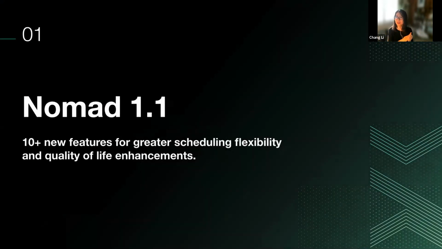Nomad 1.1 beta was released on May 3rd, and we're going to GA very soon. Nomad went through sprinting speed the whole last year. We shipped a lot of big features like CSI, the container storage interface, CNI, auto scaling, and also two flagship enterprise features.